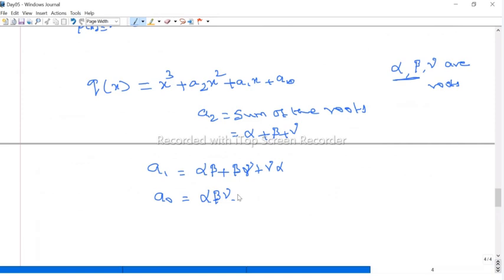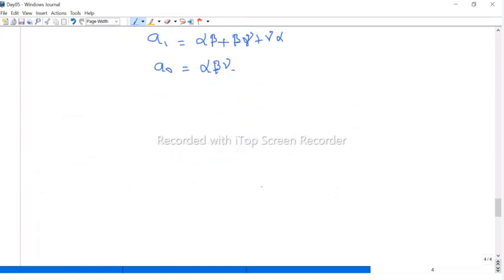Now I will ask the reverse question. If the matrix is given, we can find the characteristic polynomial. Before that, maybe I should state an important theorem, the Cayley-Hamilton theorem. It says that any square matrix satisfies its characteristic polynomial. It is a very important, powerful theorem.